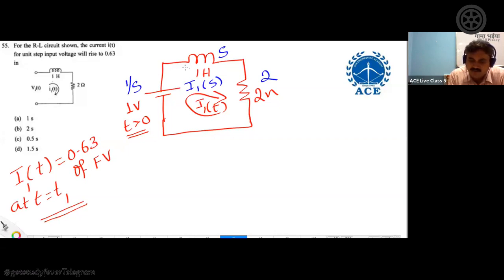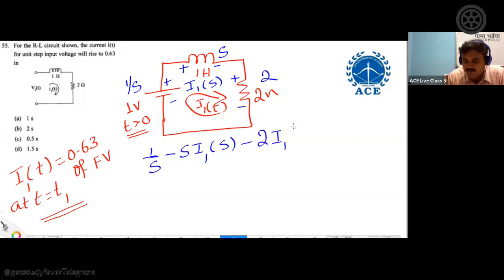Going around the mesh, if current goes from negative to positive, treat it as positive voltage; if current goes from positive to negative, treat it as negative voltage. Add all the voltages and equate with 0. So 1 by s minus s into I1(s), impedance multiplied by current is voltage, minus 2 into I1(s) equals 0.